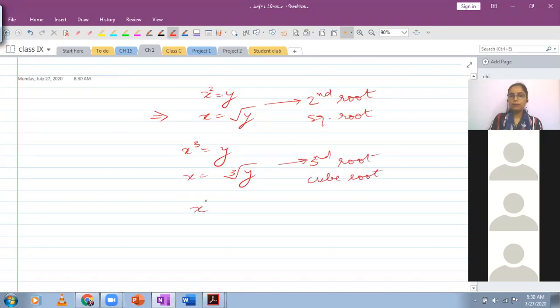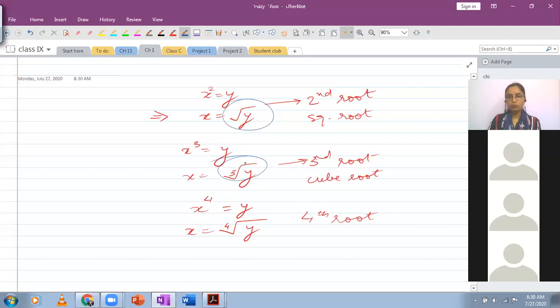And if you have x raised to the power 4 is equal to y, then transposed to the other side it will be written as the fourth root. So every time we use this root sign, it could be square root, cube root, fourth root, fifth root, and so on.